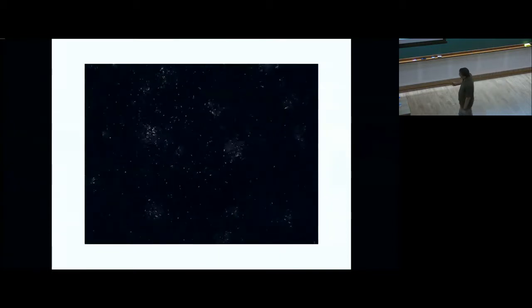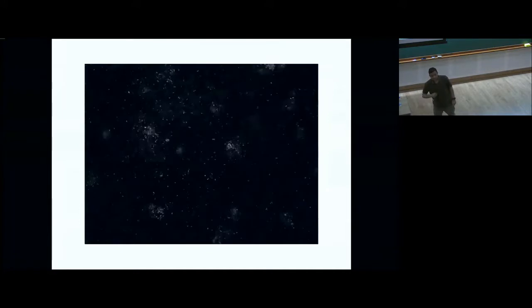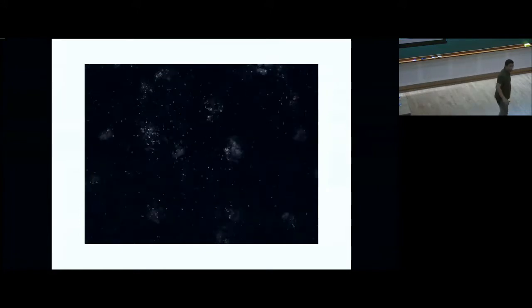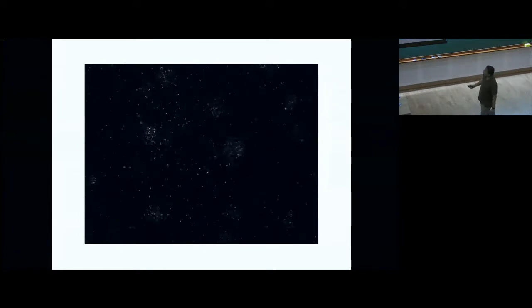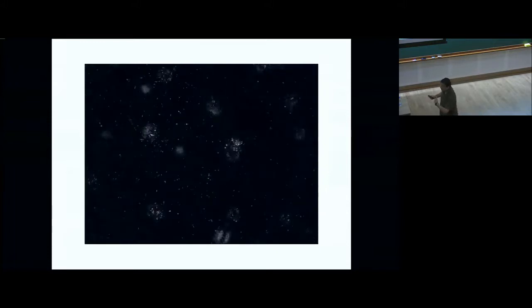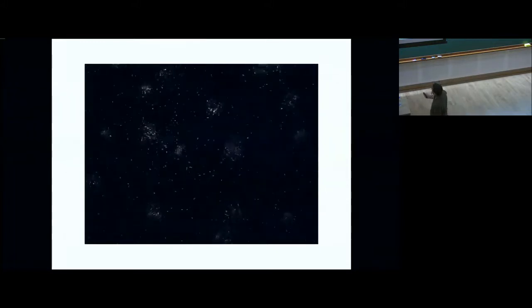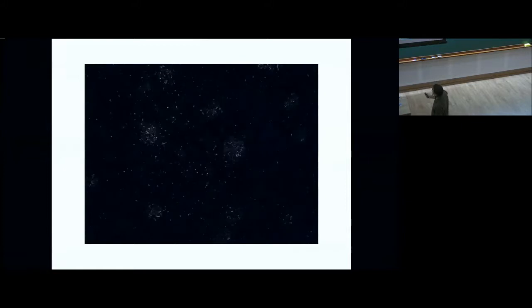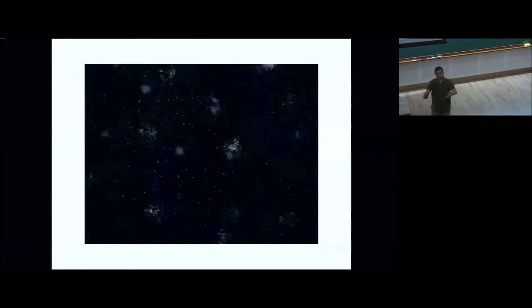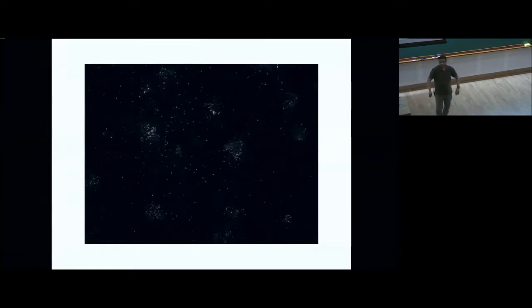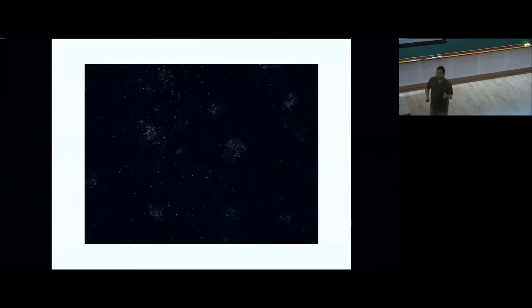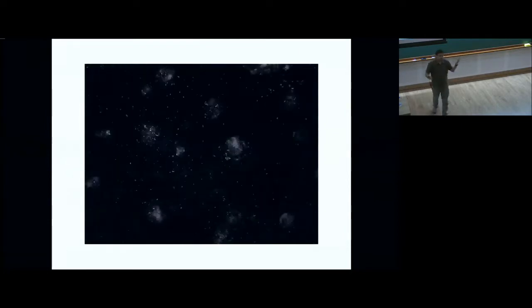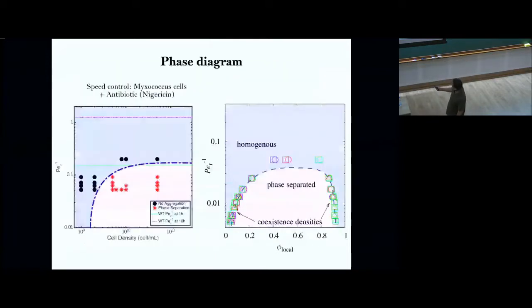Okay, and we have some level of control over these bacteria. So what we do in the subsequent things that I'll be telling you about are experiments like this, where we label a few individual cells that we put down onto this substrate, and we are able to track individual cells and calculate, essentially, the Peclet number, and we are able to change the speed of these Myxococcus xanthus cells by adding an antibiotic.